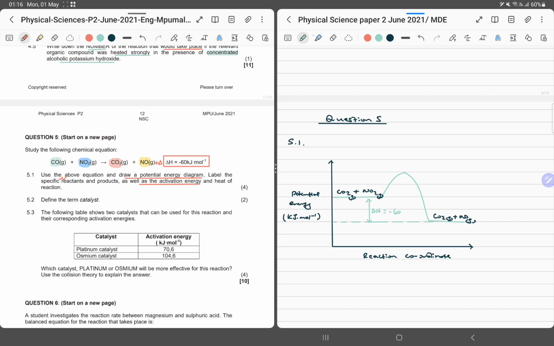And then now we have another stuff to handle. If we draw another line here, because that line doesn't exist, but it helps us to work out the activation energy. So we can just label it here that this is the activation energy.